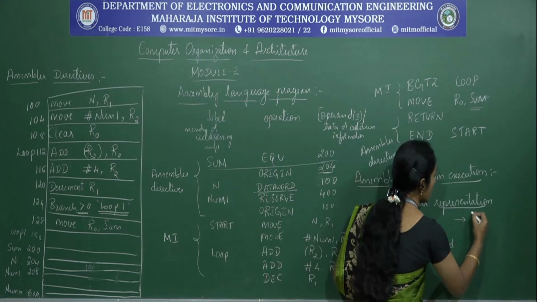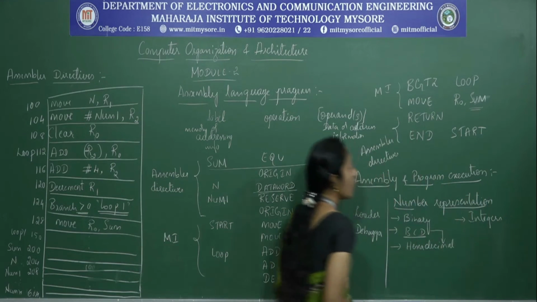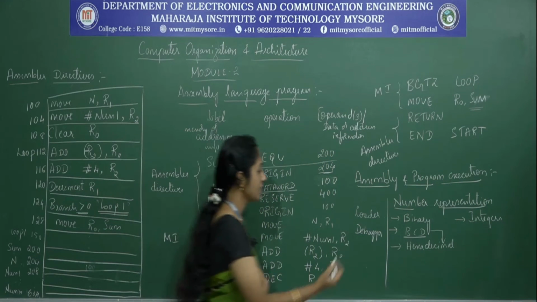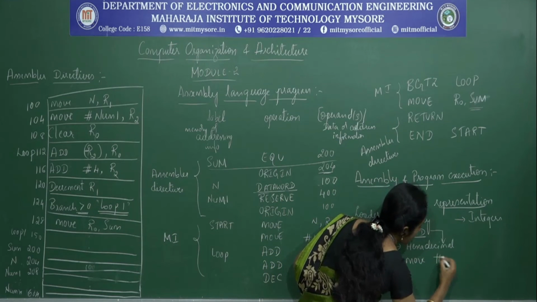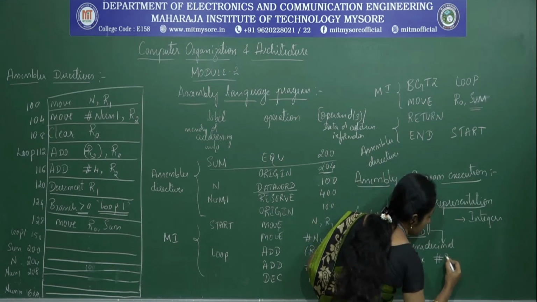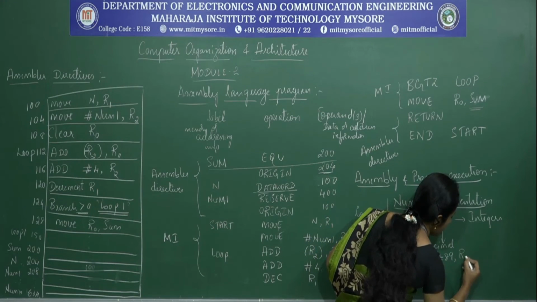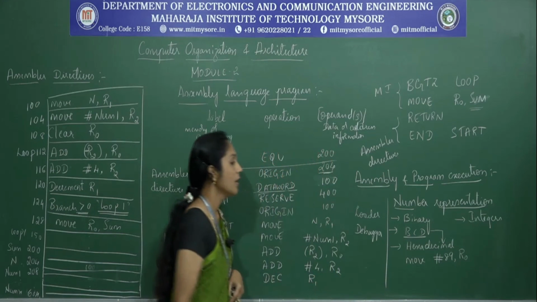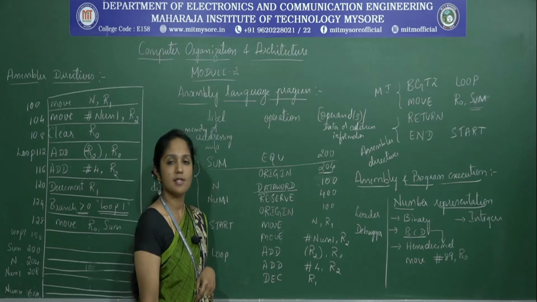But even integer numbers can be used. You need to indicate, for example, if you are moving some data, say 89, into register R0. Let us assume we are moving data 89 into register R0.